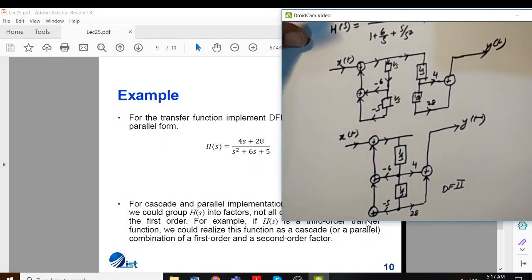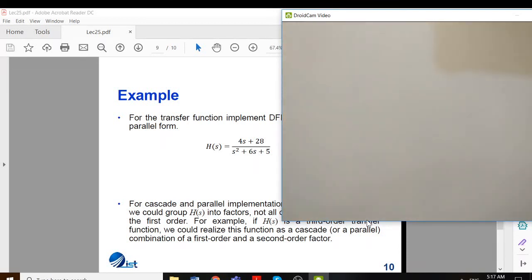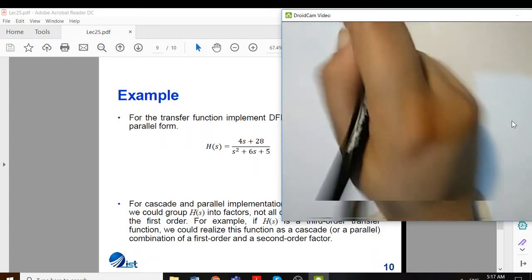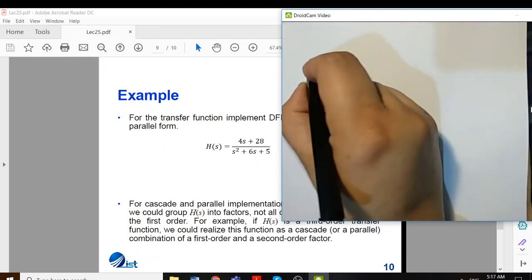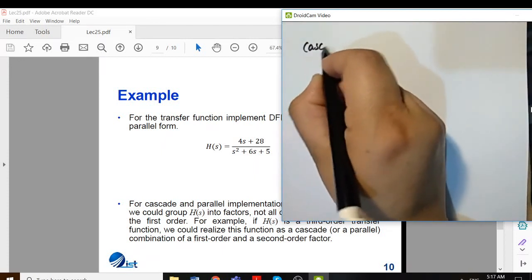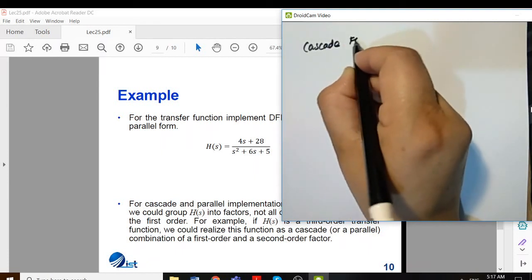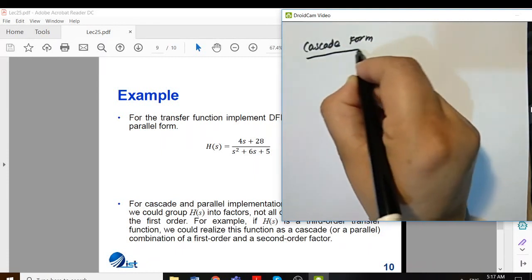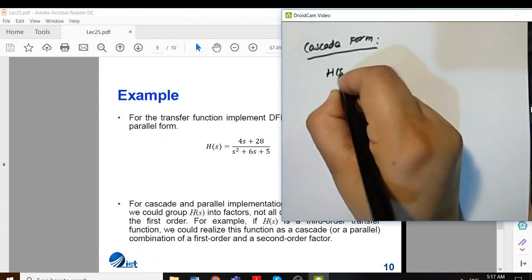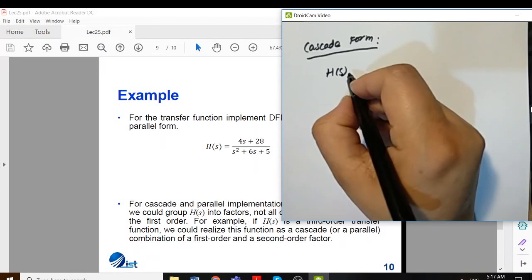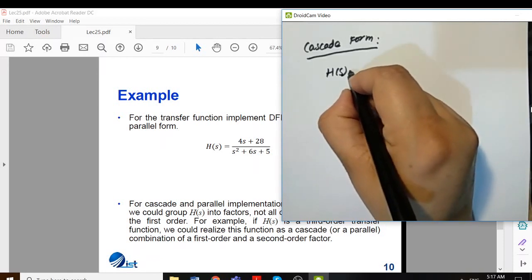So after drawing these two forms, let's come to the third form, which is the cascade form. These two forms were comparatively difficult to make. Cascade form is very easy to implement and draw. In the cascade form, we discussed that we divide the given transfer function into a product of first order transfer functions.